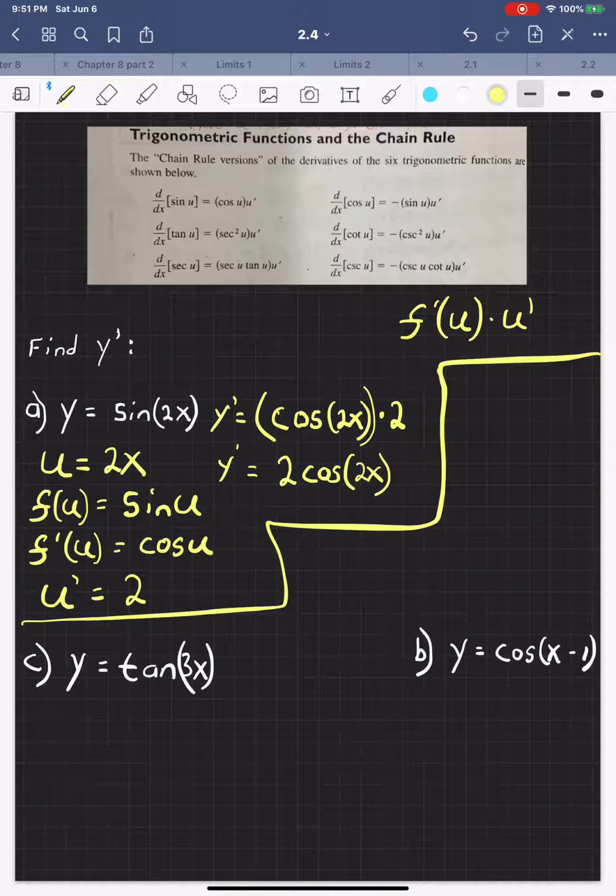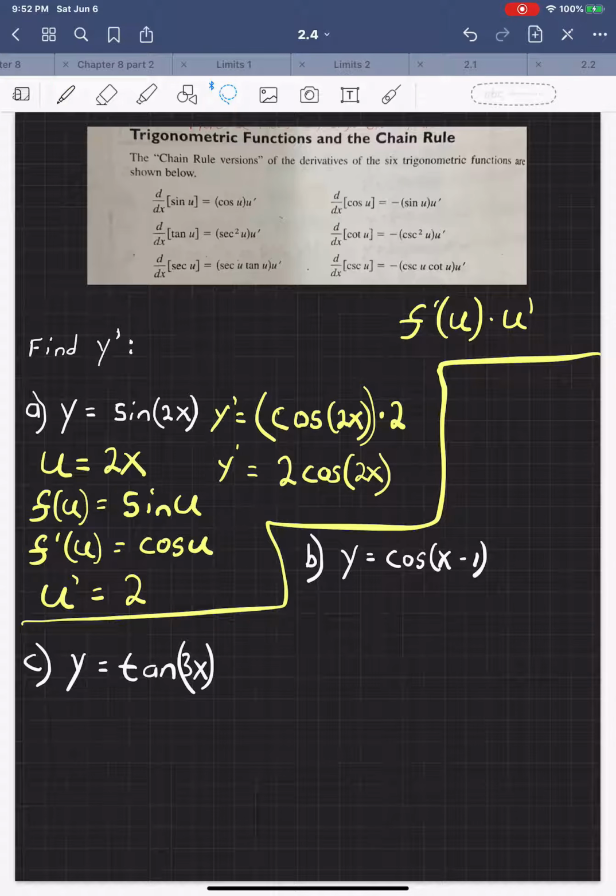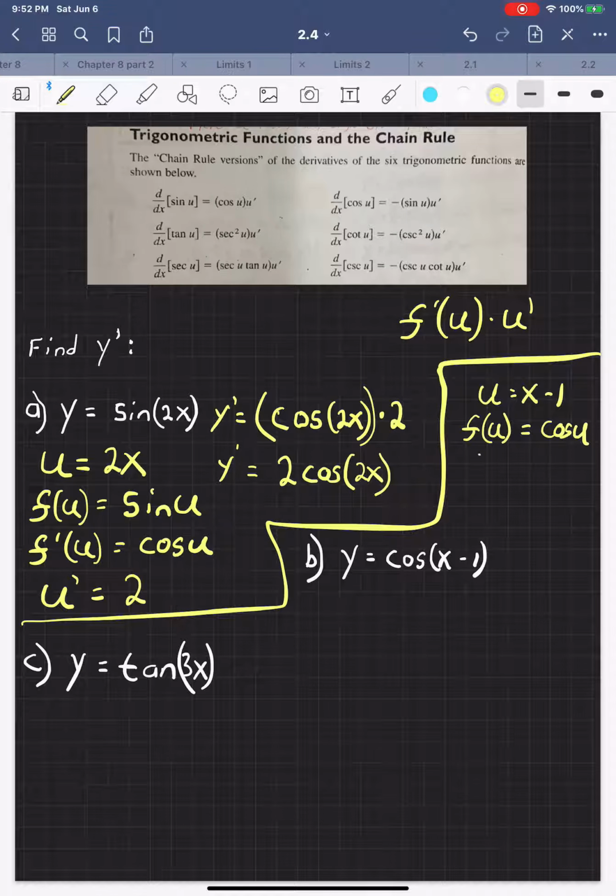Okay. Let's go ahead and do part B. So I'll work up here. For part B, I would let u equal x minus 1, then f of u would be cosine of u. F prime, well, the derivative of cosine is negative sine, and u prime would just be 1.